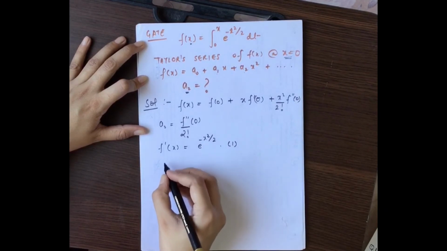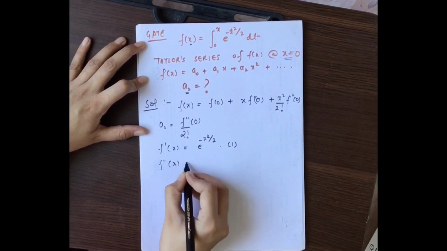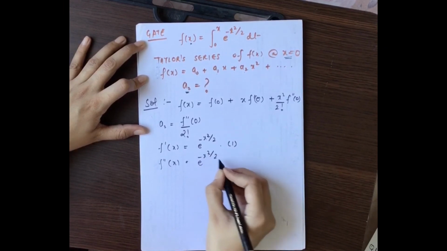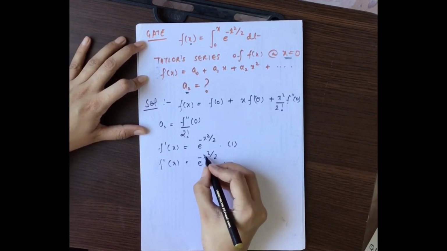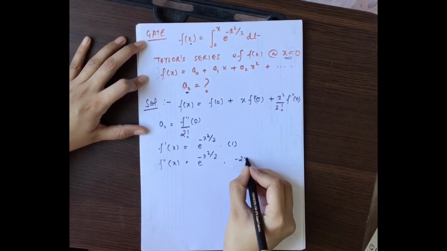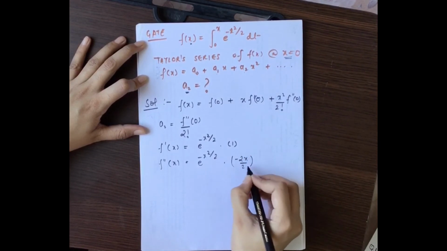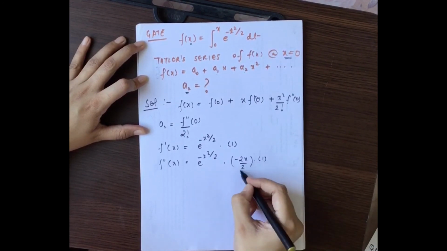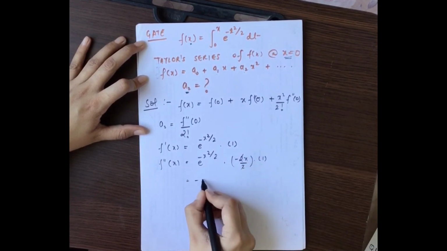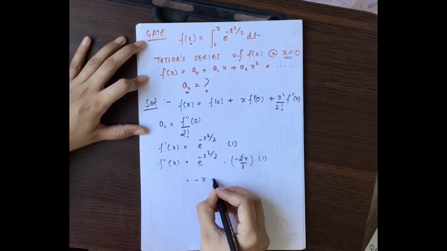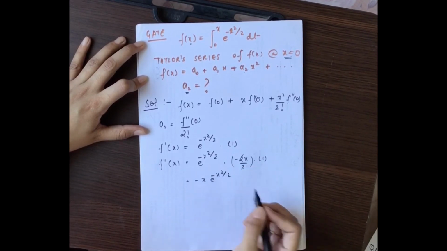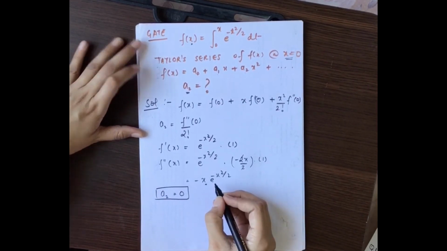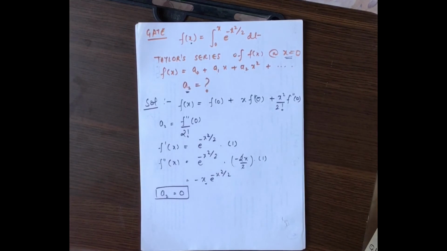Now f double dash x will be e to the power minus x square upon 2 into differentiation of minus x square upon 2, which is minus 2x upon 2, and into 1. So if we check, we have x in multiplication, so f double dash 0, what will it be? It will be 0, so a2 is 0. This is the answer. This was a 2-mark question.